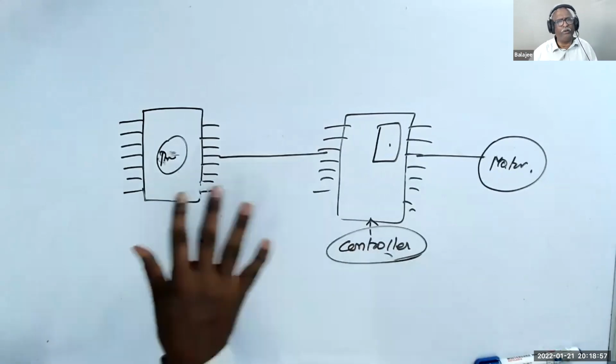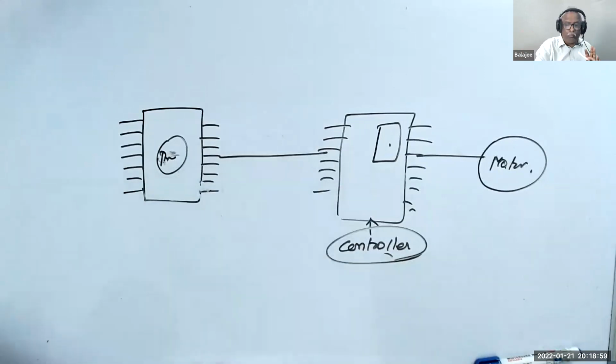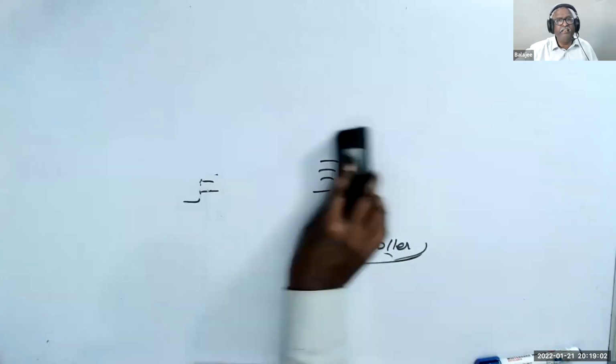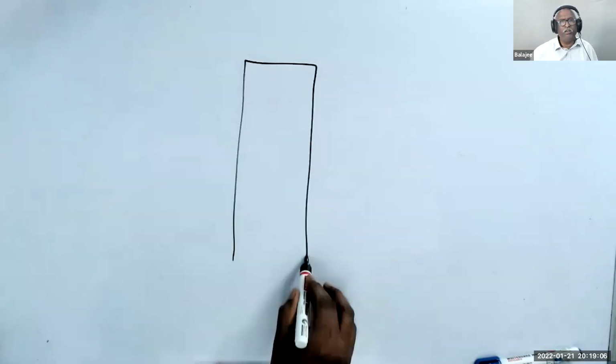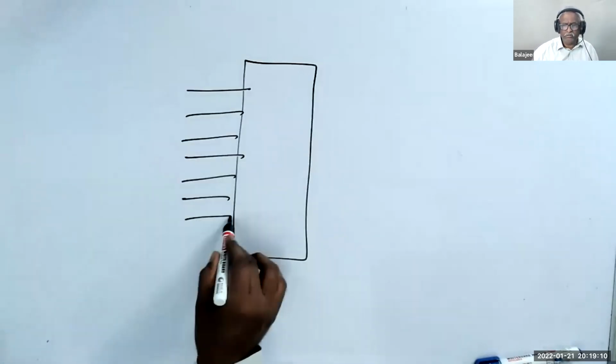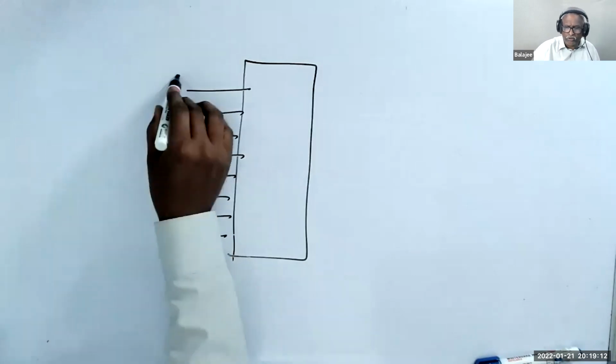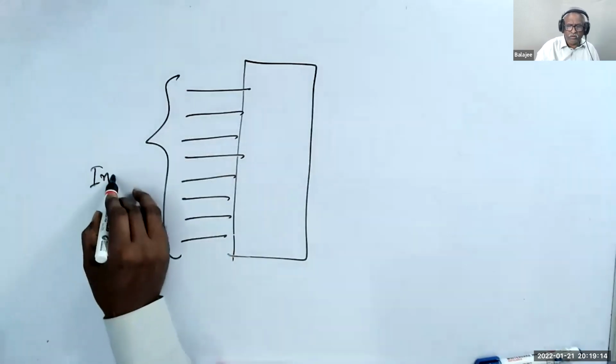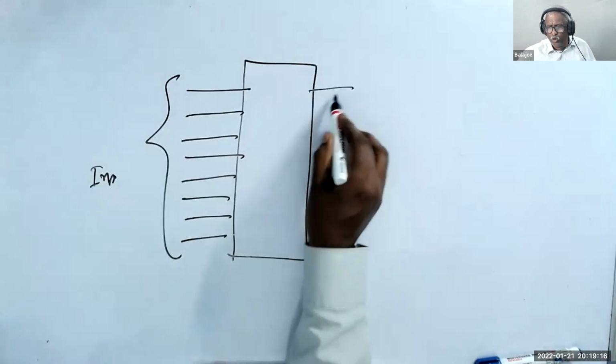What is a microprocessor, a controller? Understand one thing: in this embedded world, there are two things. One is that you directly control the inputs, that is, you get the input. And you directly control the outputs.